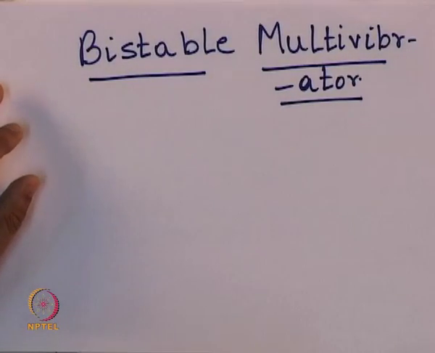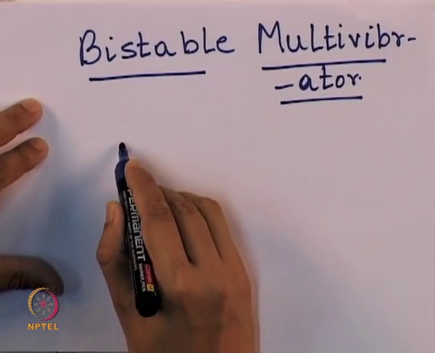So, first thing is, in a bistable multivibrator we need to have two states. So, let us consider this circuit.